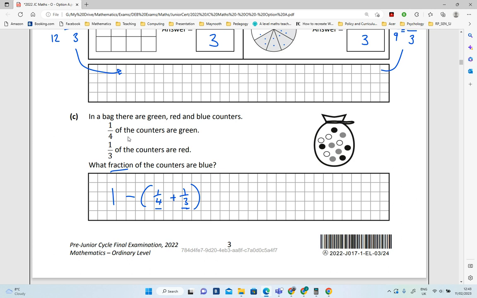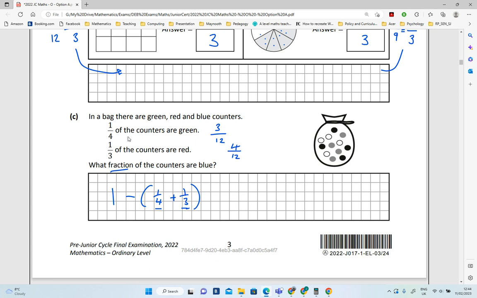So if I turn the two numbers into something over 12, if a quarter, how many twelfths are in that? I multiply both sides by 3. So it's going to be 3 over 12. What do I do here? Turn this into 12. So I multiply both sides by 4. So 4 ones are 4 and 4 threes are 12.